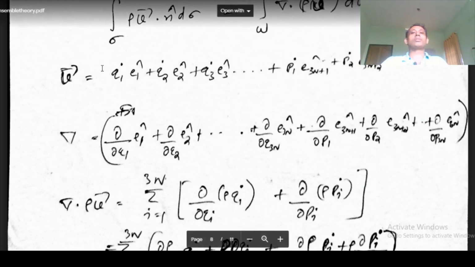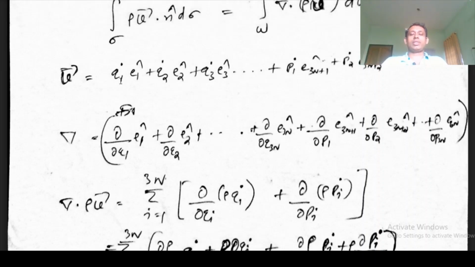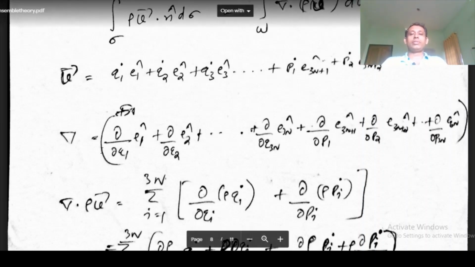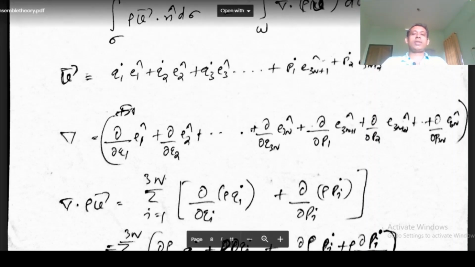Velocity will have 6n components because there are 3n position coordinates, q1 to q3n, and 3n momentum coordinates, p1 to p3n. As we take the velocity, we have to take the first order derivative of qi and first order derivative of pi, where i changes from 1 to 3n. So the velocity will have 6n components: 3n position and 3n momentum coordinates.